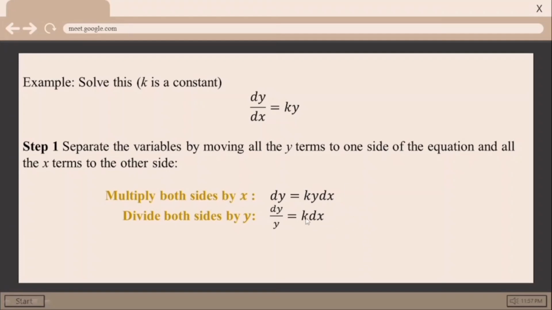On the right side, there is y over y, so we cancel y, and the only remaining is k dx. On the other side, we put here over y, that's why we have dy over y. Okay, now we already achieved step 1. We can now move to the second step.